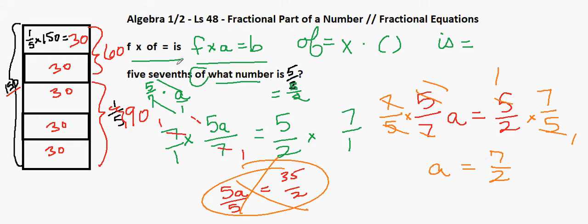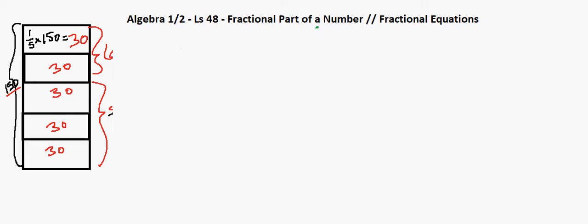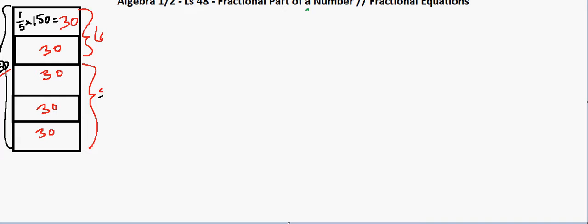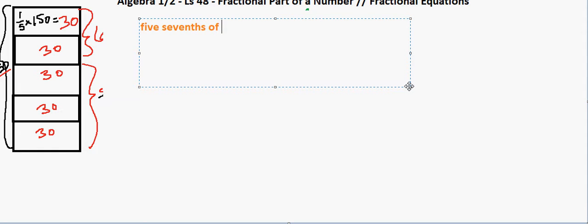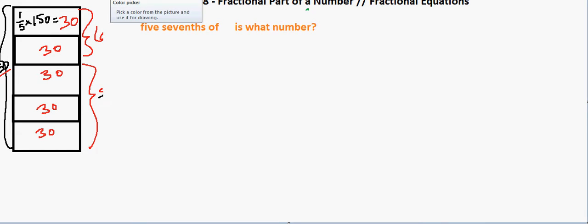If we knew 5/7 of 5 over 2 is what number, I'll write that again. 5/7 of 5 over 2 is what number? See how it's the same numbers, different spots in the equation now?